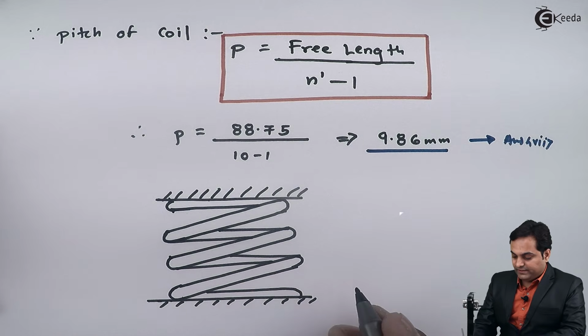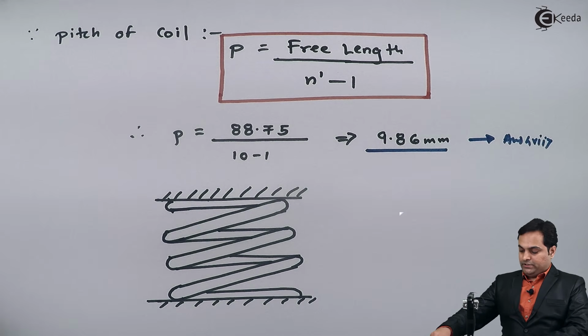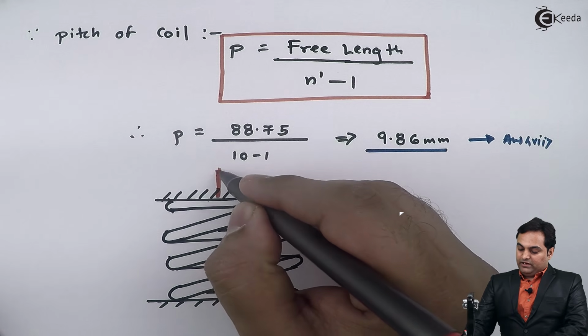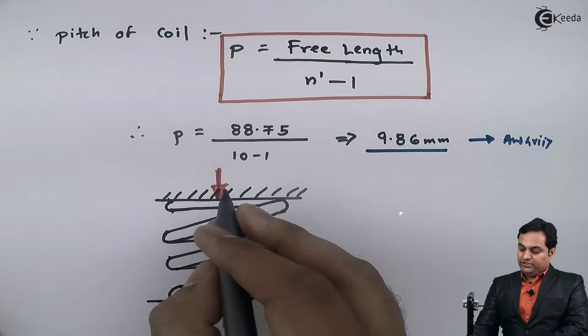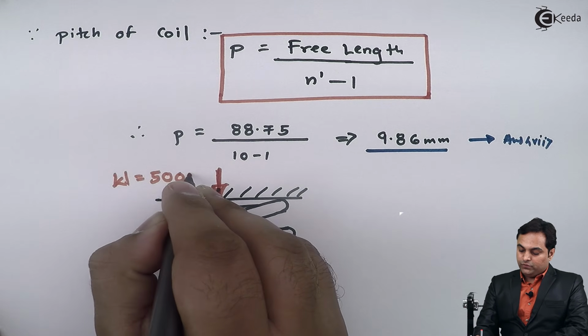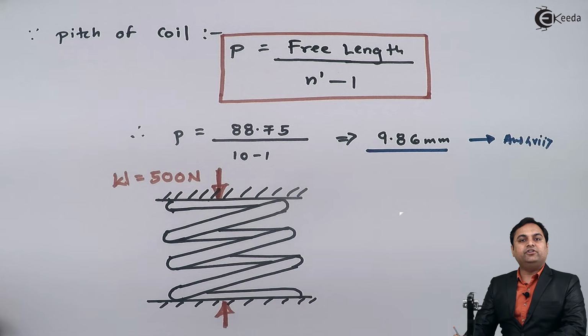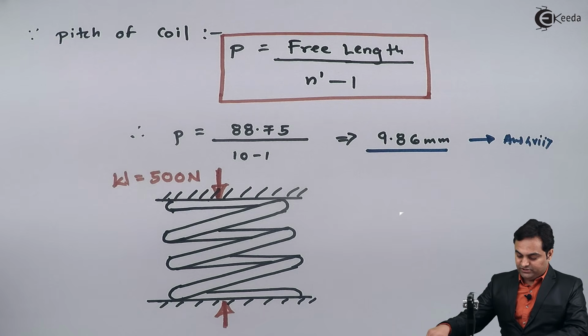When we are applying load over this, the load given in the problem is 500 Newton. So under the action of 500 Newton load, this spring will compress.